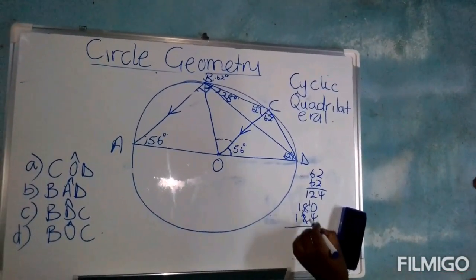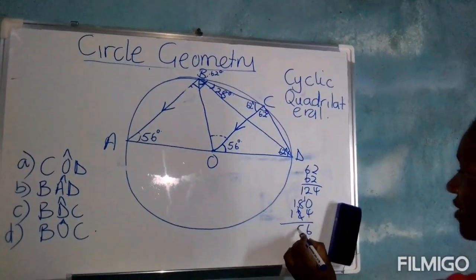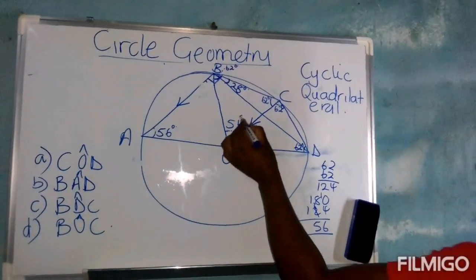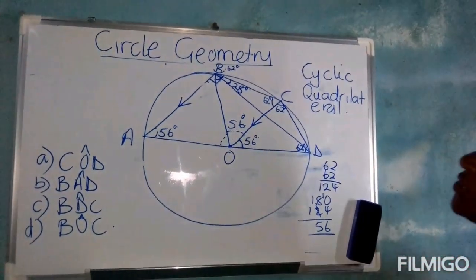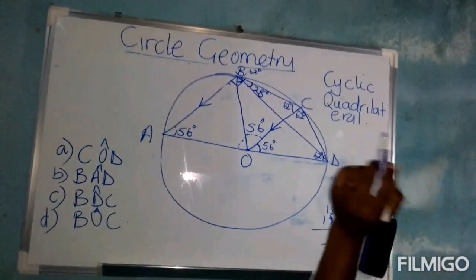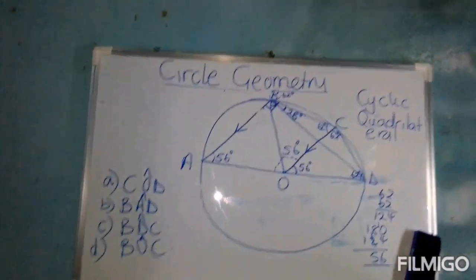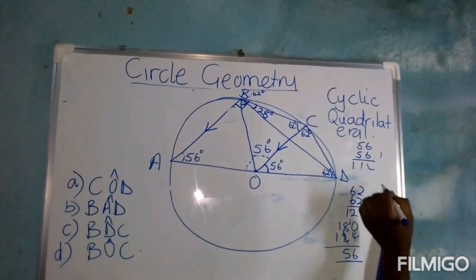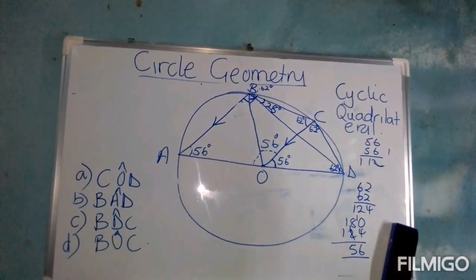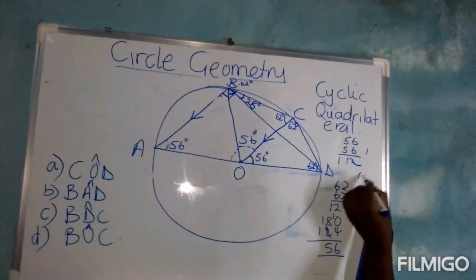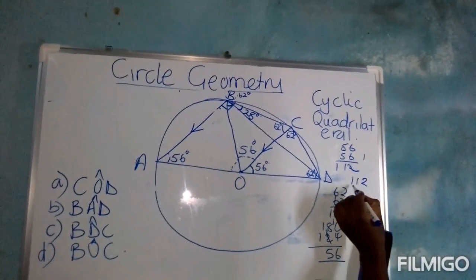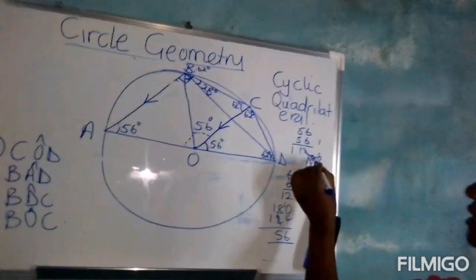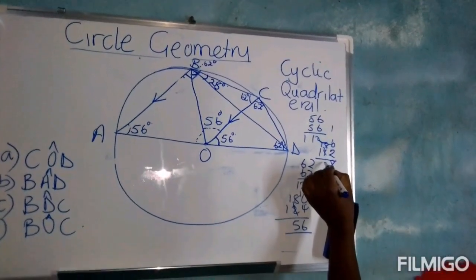This is 56. Then to get this part, we are saying 56 plus 56, it's 112. Then 112 from 180 to get 68.